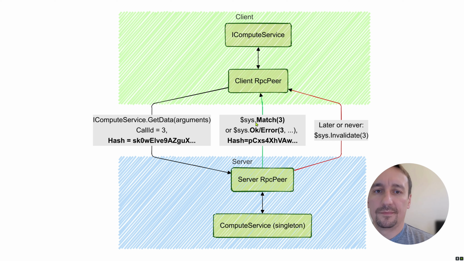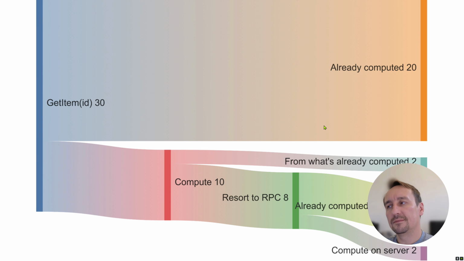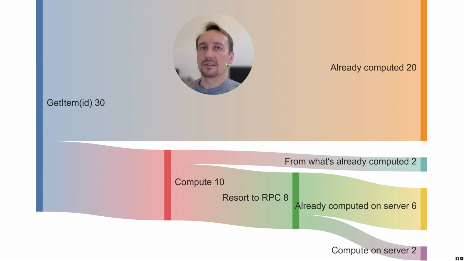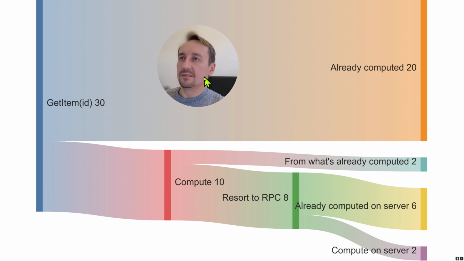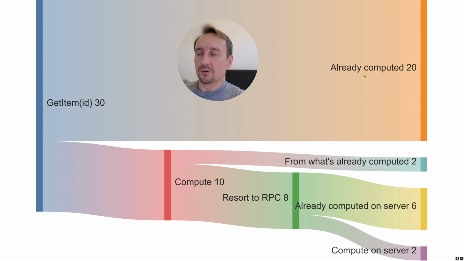Okay. Now I think this part explains why it's so efficient. Think about a call your client wants to make, for example getting an item with a certain ID.